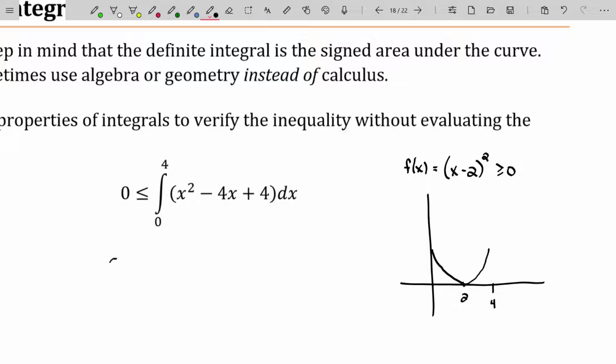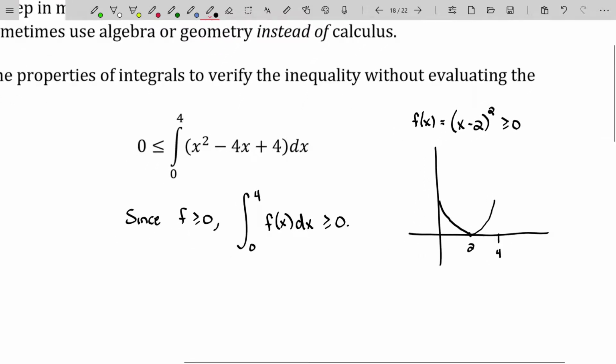So since f is greater than or equal to 0, we have a property that says the integral from 0 to 4 of f of x dx must be greater than or equal to 0. That's it. So use a little bit of geometry, graph it.